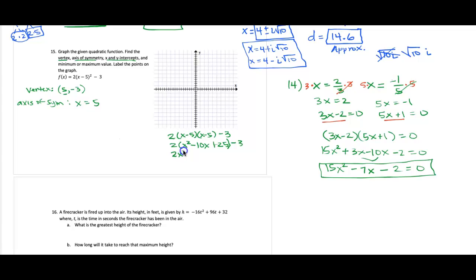So I get 2x squared minus 20x plus 50 minus 3. And then when I combine that together, 2x squared minus 20x and then plus 47.